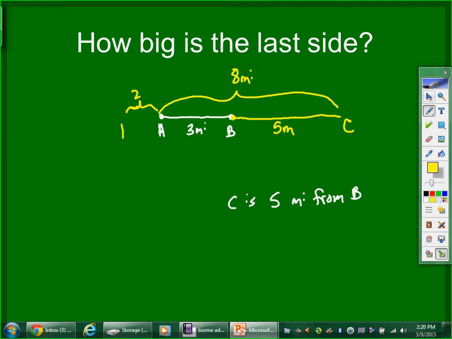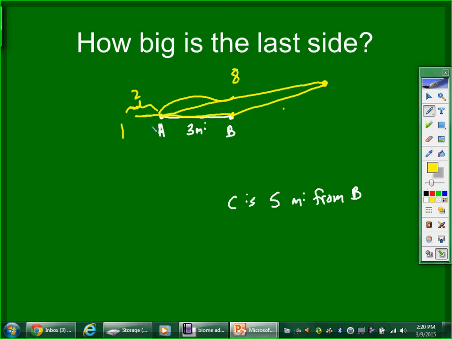So if it's somewhere in between, this won't actually allow me to move the endpoint. But if that 5-mile line goes up like this, the hypotenuse of my triangle now must be shorter than 8, and it must be longer than 2.